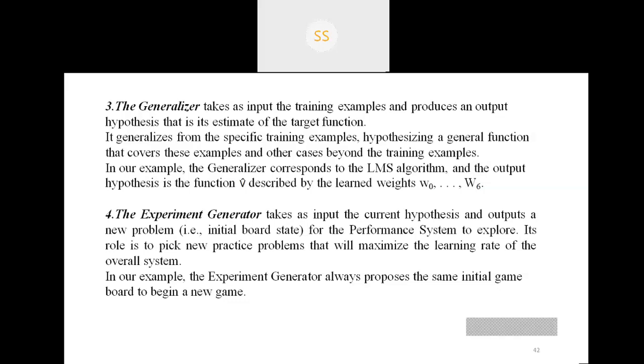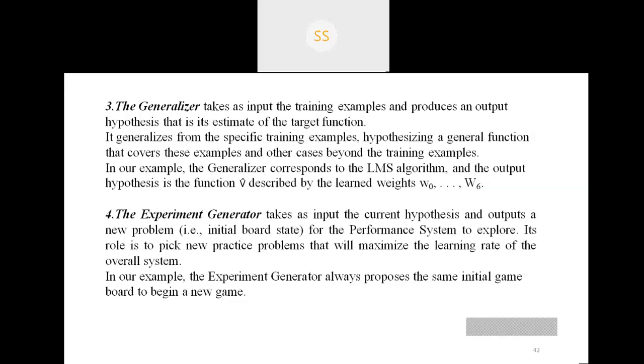The experiment generator takes as input the current hypothesis and outputs a new problem, that is, a new initial board state for the performance system to explore. Its role is to pick new practice problems that will maximize the learning rate of the overall system.